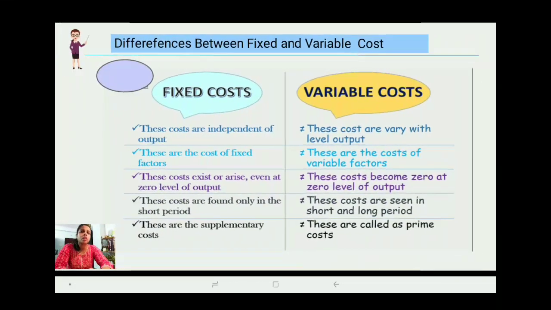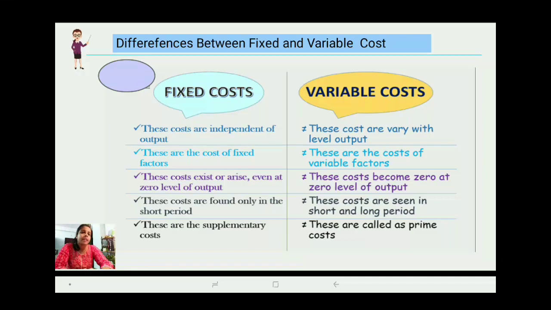Now we come to the differences between variable cost and fixed cost. If we are asked what the differences are, we can say that fixed costs are independent of output. As I said, whether output is produced or not, they will remain the same, but variable costs vary with the level of output.